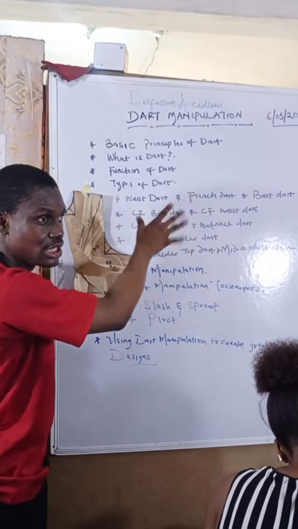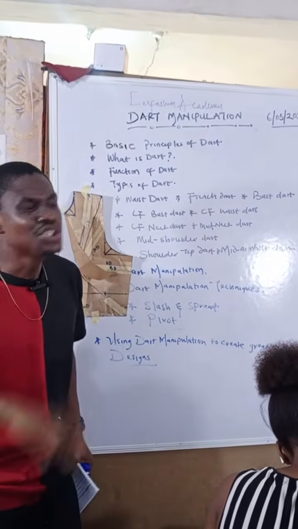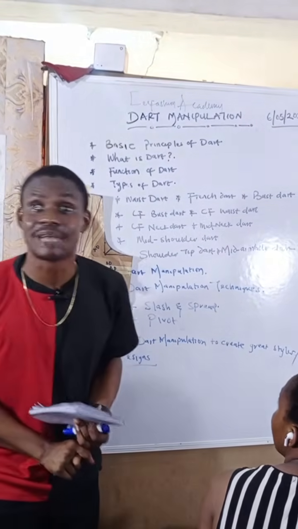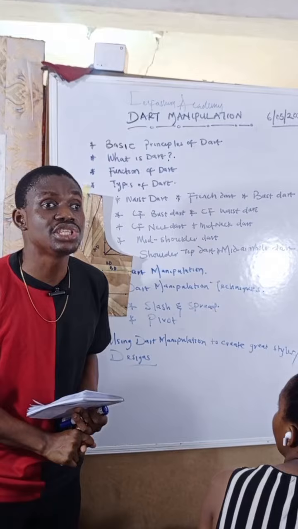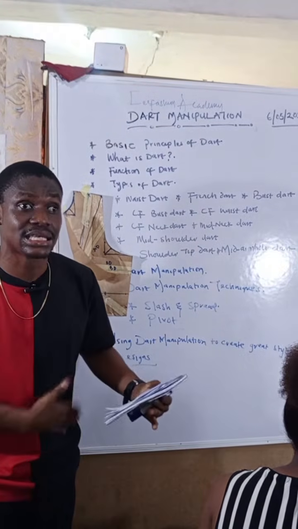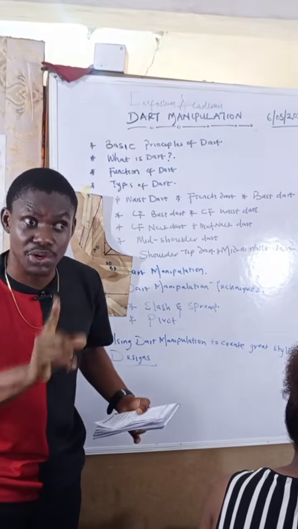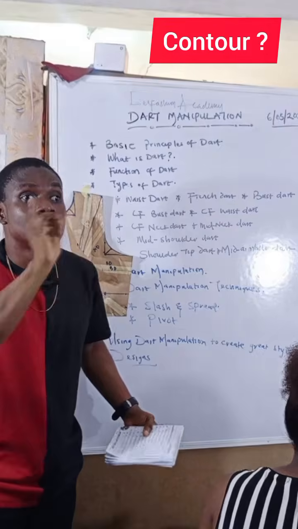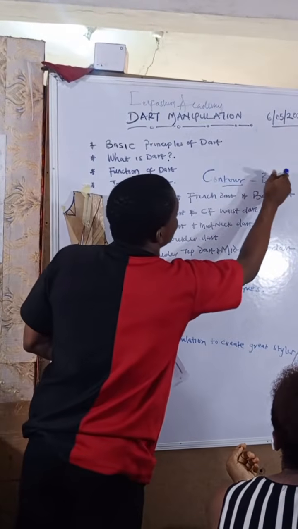Using all these darts, we create different styles. You can use these darts to create a shoulder bustier. You can use them to create a princess bustier. You can use them to create a normal shoulder bodice that is not bustier. Do you understand what I mean? Bustier means the one that has contour. Contour is for bustier.